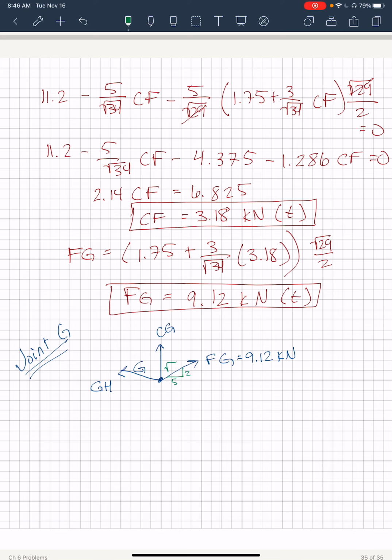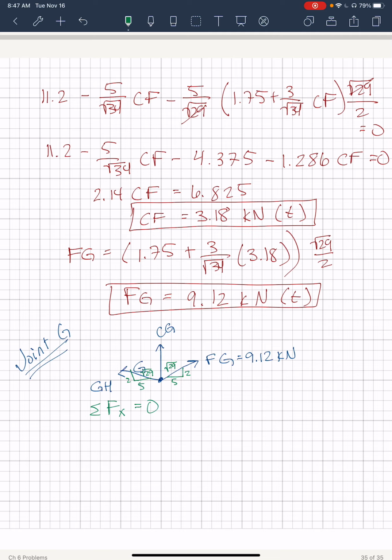That's the square root of 29. And then it's the same over here, where it's over 5 and up 2. Square root of 29. And we're interested in the CG, but we need to find GH also just to get to that. So if we sum the forces in the y direction, we'd have 2 unknowns. So I'm going to sum the forces in the x direction equals 0.